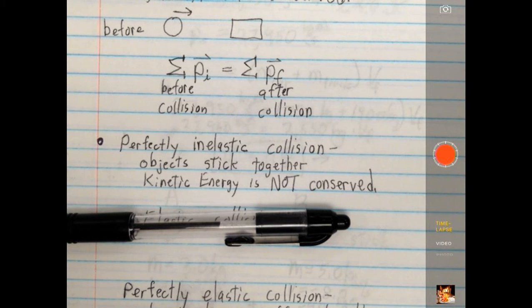Think of a car crashing into a truck. Some of the car's kinetic energy is transformed into the sound energy of the crash. Some of the energy is transformed into heat energy. And a lot of energy is transformed into deforming the car, crumpling it up. Kinetic energy is not conserved when things stick together.